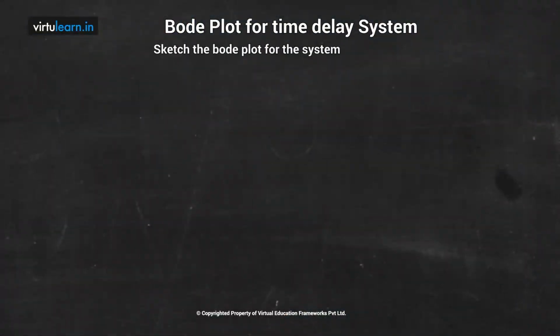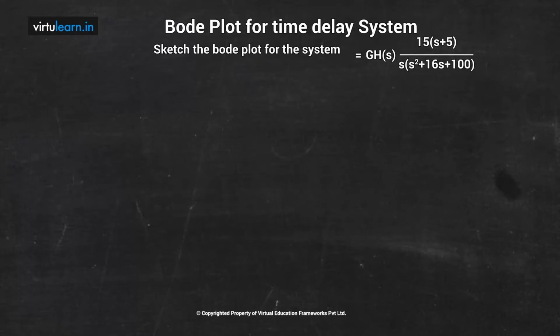Sketch the Bode plot for the system whose open loop transfer function is given by GH(s) equal to 15(s+5) divided by s(s^2+16s+100), and determine the stability of the system.